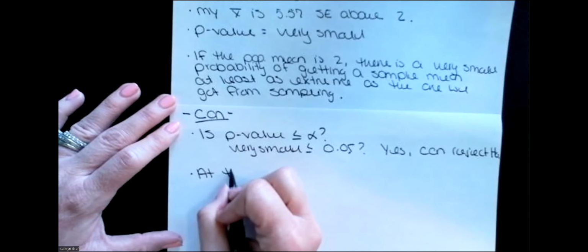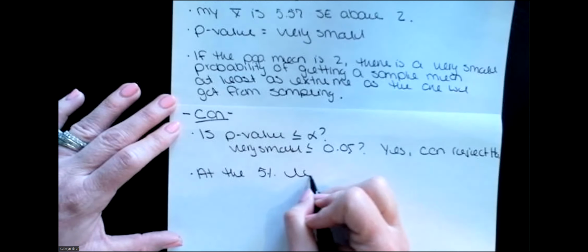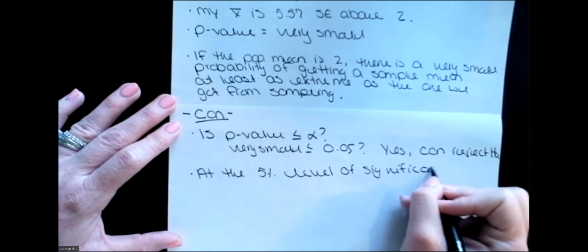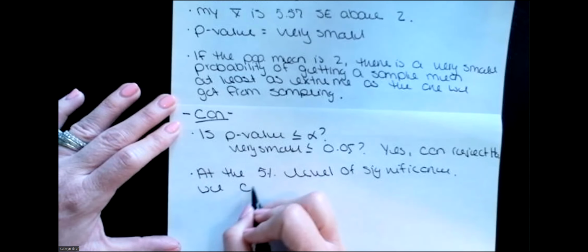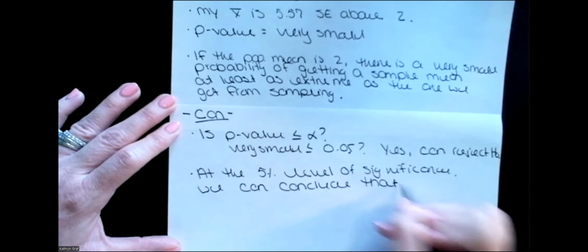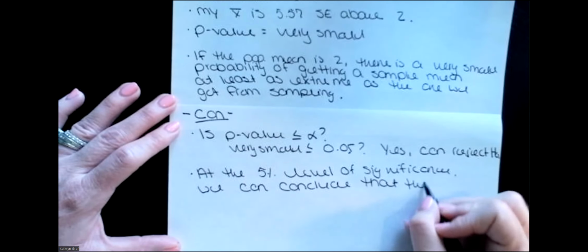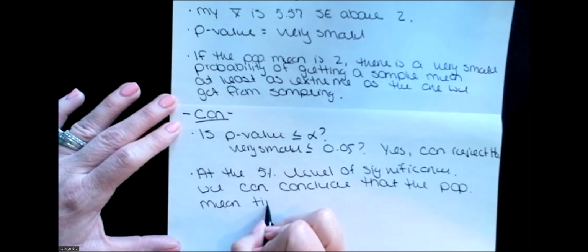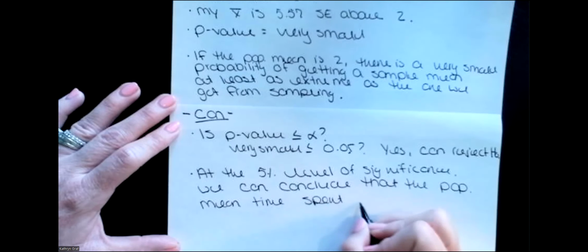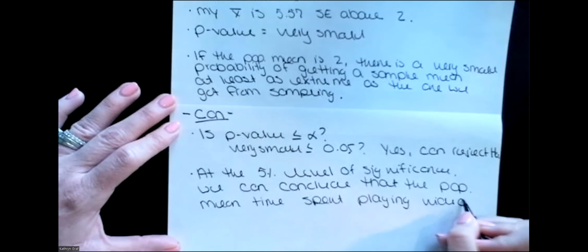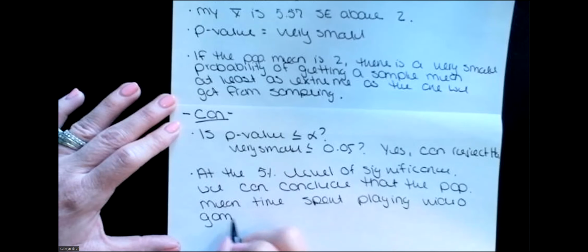So at the 5% level of significance, we can conclude that, and I'm going to write my goal again. The population mean time spent playing video games, what did I use for my wording?